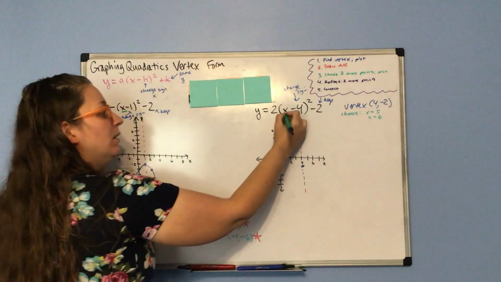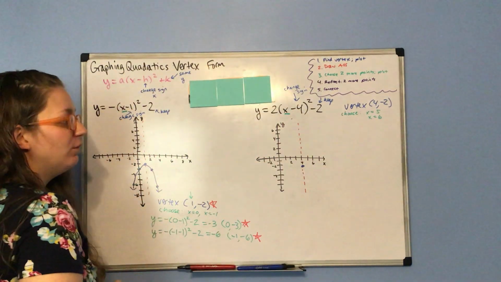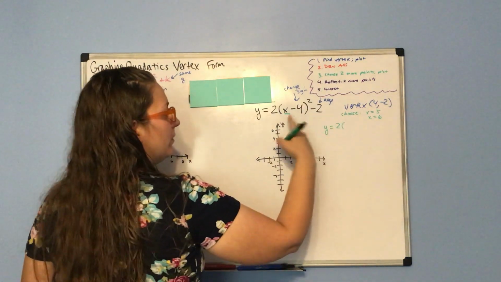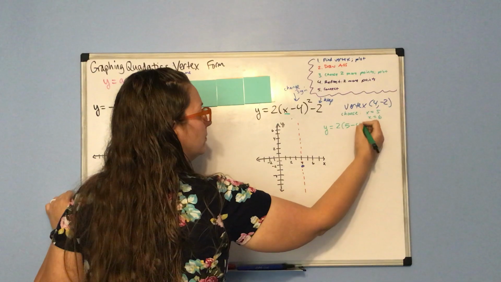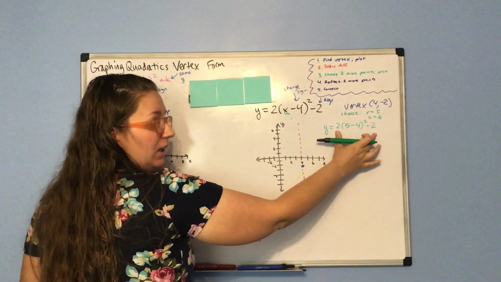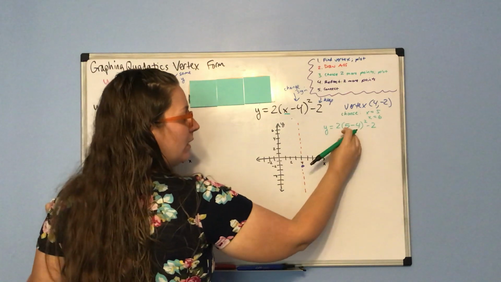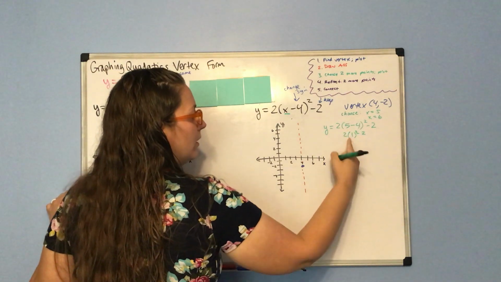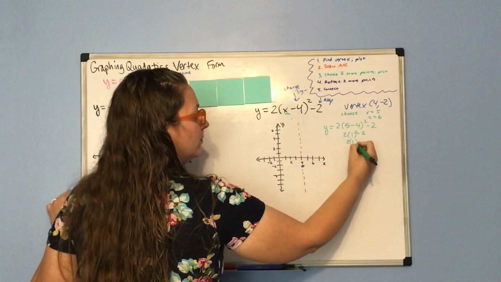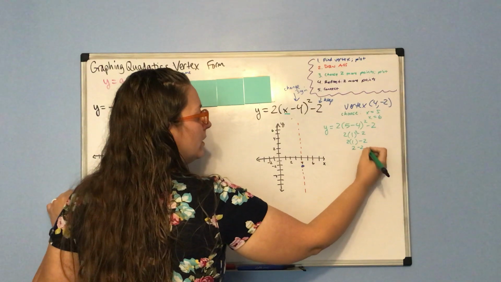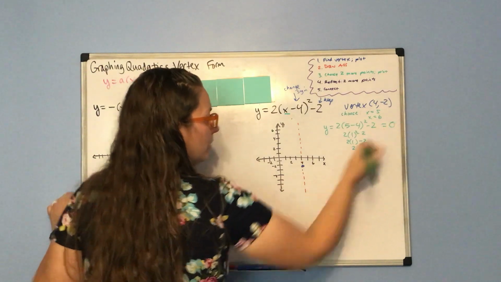When I plug them in, they're just going in the x part of my equation. I'm going to start with 5. And you are welcome to type all this in a calculator. I'm going to walk through the math. 5 minus 4 is 1. 1 squared is 1. 2 times 1 is 2. 2 minus 2 gives me 0.